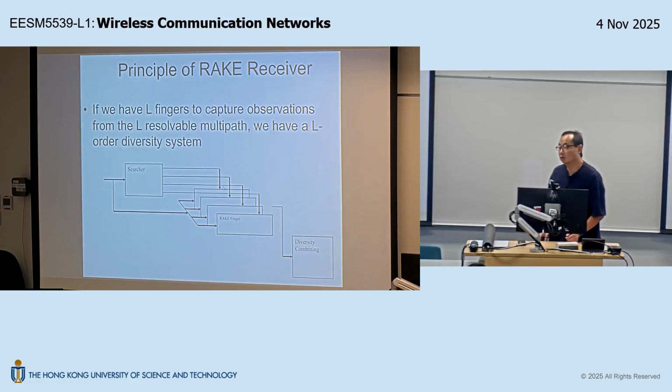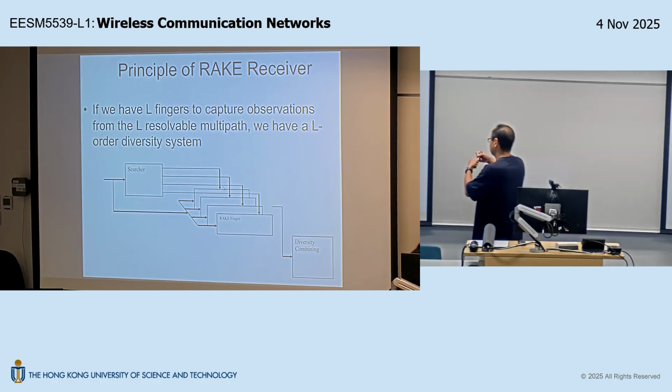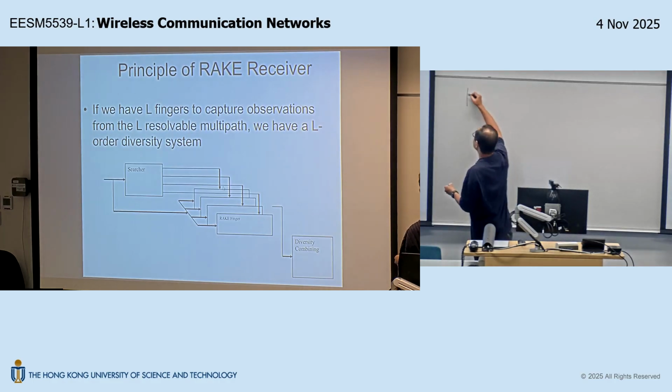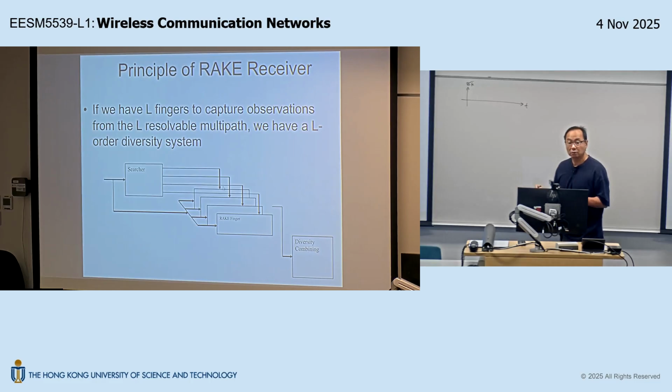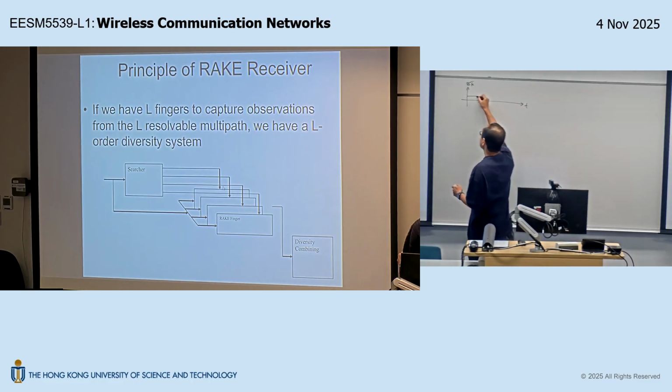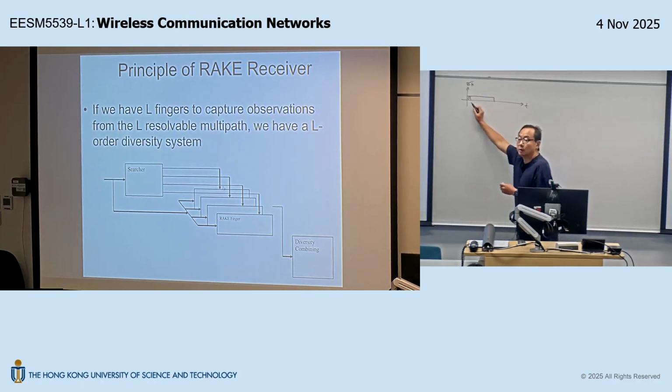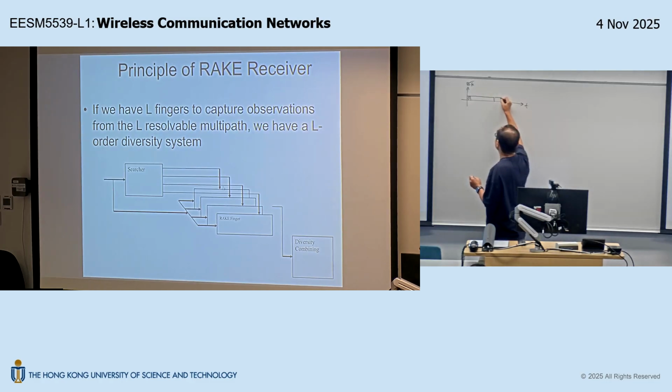So in fact, for keeping track of the spreading timing, this is the typical arrangement. The base station transmitter will transmit a certain beacon signal. We call this the pilot channel. So let's say this is the pilot channel, and this shaded part denotes the first chip of the pilot channel.